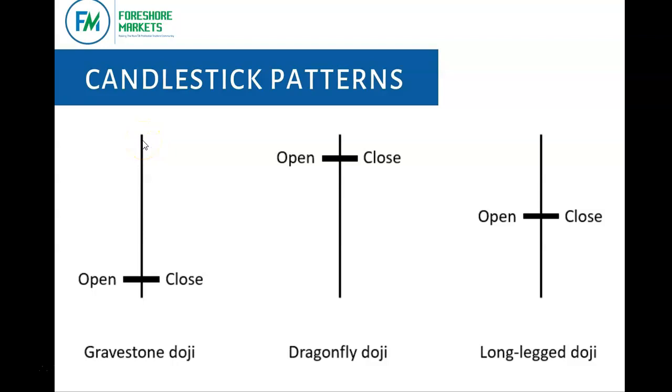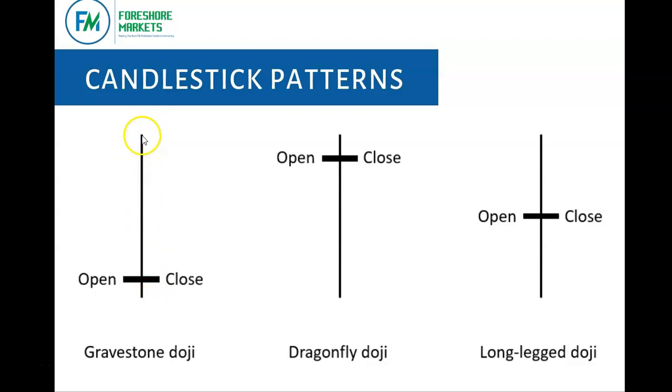the sellers came in. Candlesticks basically show you the interaction and the fight between buyers and sellers, the struggle between the bulls and the bears. So the bulls overpowered the bears and took the price up as high as this.